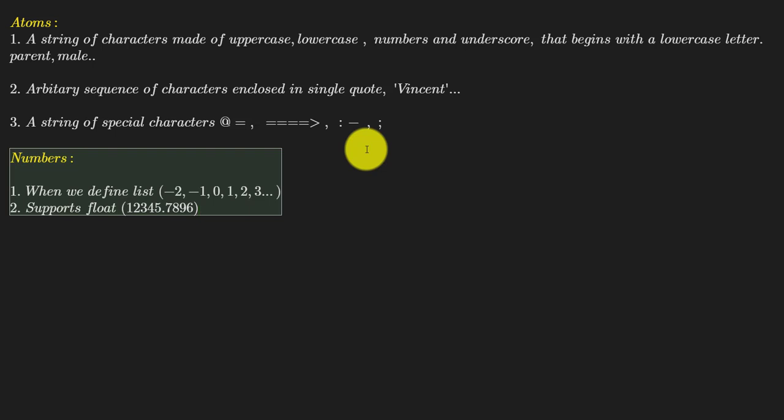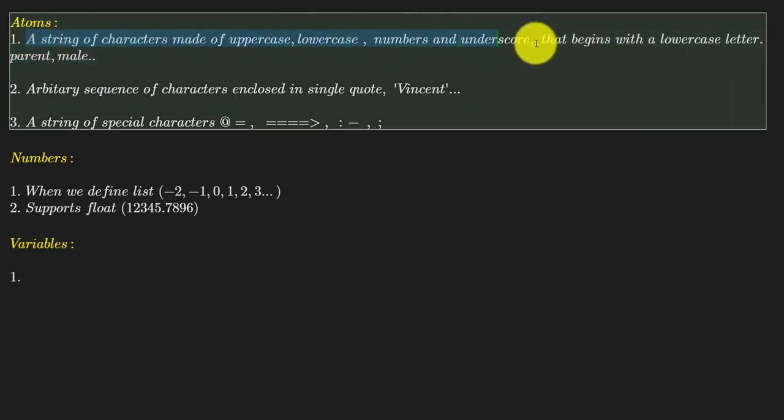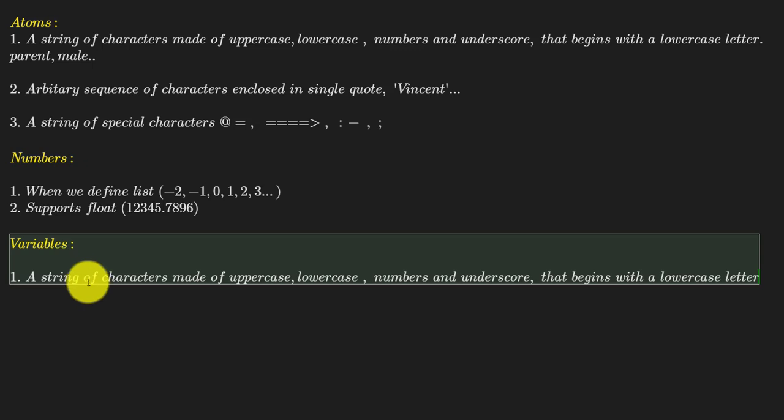Now let us talk about variables. The main difference between an atom and a variable is, if I copy this particular line over here, a variable can also be a string of characters made of uppercase, lowercase, numbers, and the underscore, but it has to begin with an uppercase letter.